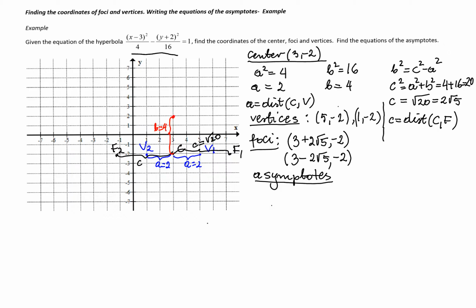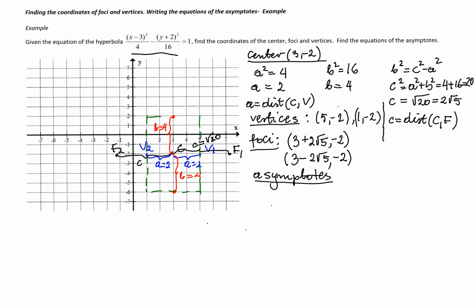We'll obtain the point that will determine the rectangle, and we'll go b units down to obtain another point. And now we are ready to draw a rectangle. That rectangle is going to go through the vertices and the points that we just plotted.